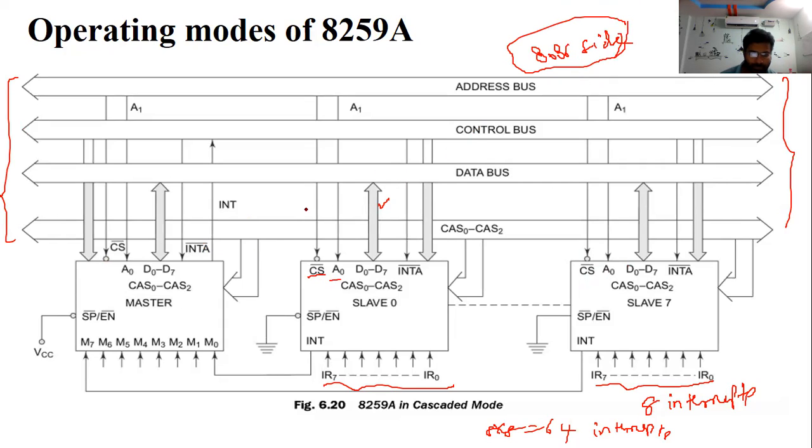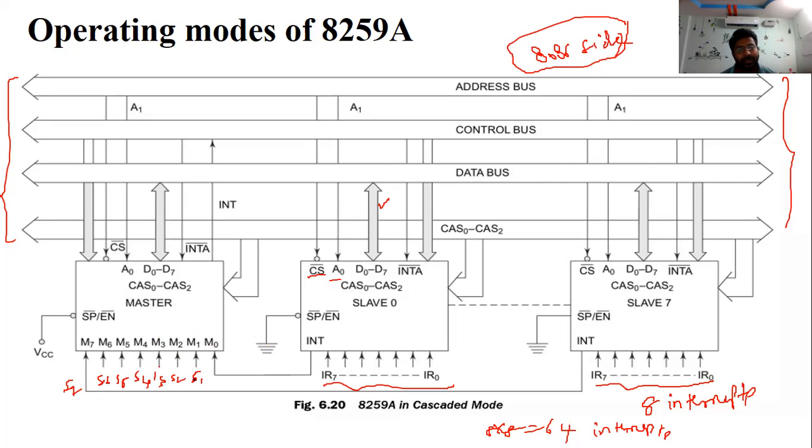See this, M0 is connected. This master also has 8 pins. So M0 is connected to slave 0, M1 is connected to slave 1, M2 is connected to slave 2, M3 is connected to slave 3, and so on up to slave 7, which is connected to S7.